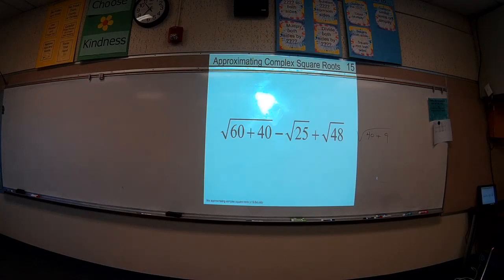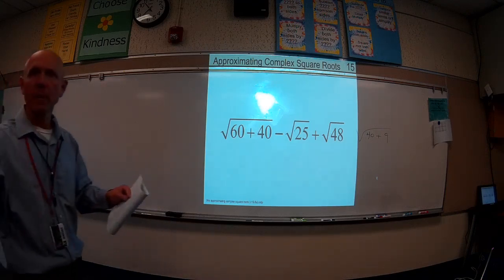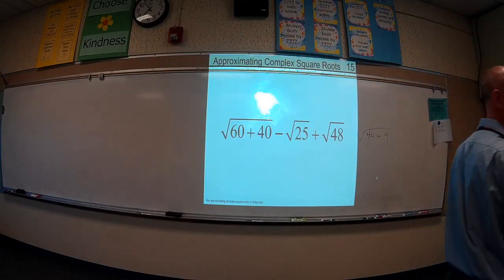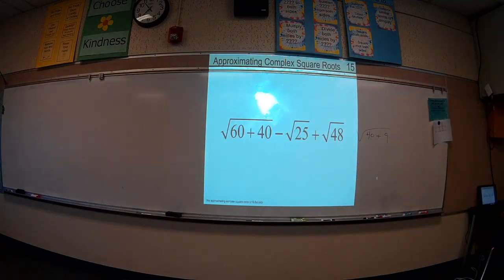Show me the work that you did, because I can't find anything else. What's your answer? Oh, wait a minute. You did exactly, oh, minus. 60 plus 47, square root of 25.